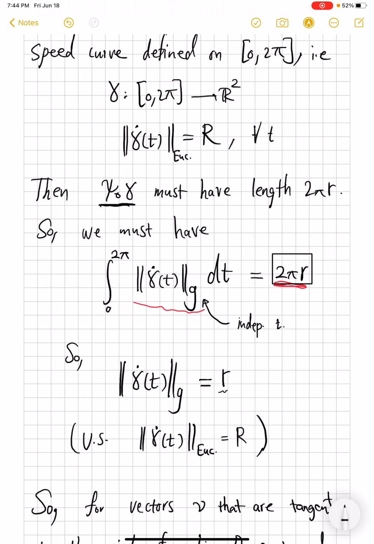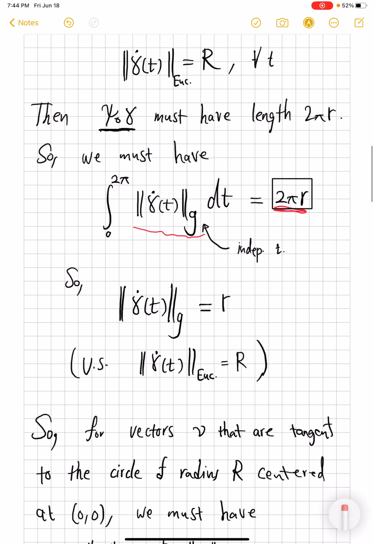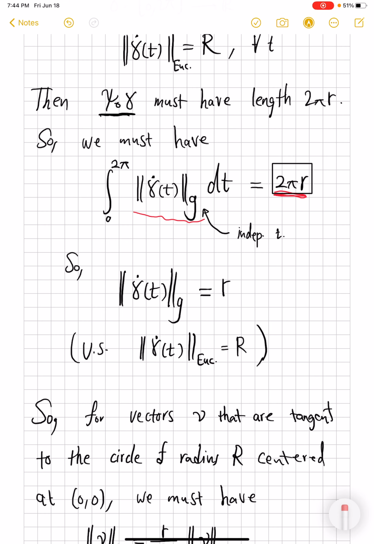And if this is going to be a constant quantity, then it has to be just equal to little r. So what I ended up having is that if I have a vector of length capital R in the Euclidean sense, then in the g norm, it must have a length equal to little r.